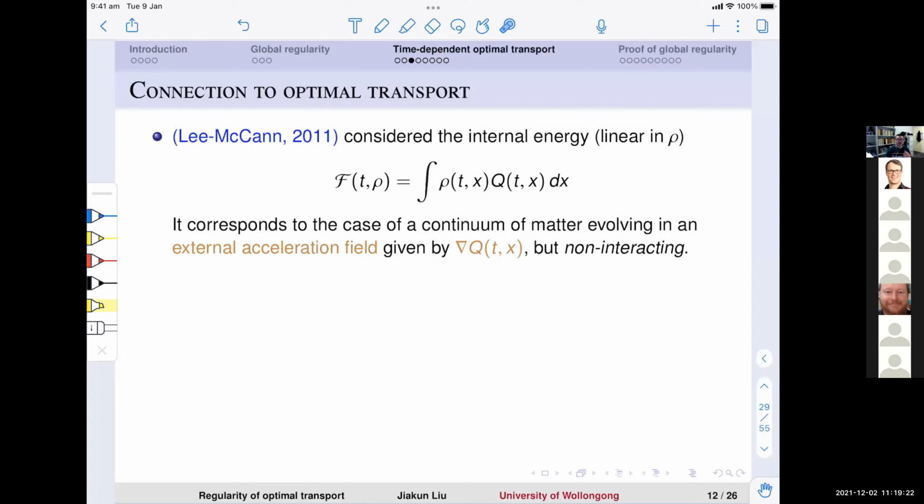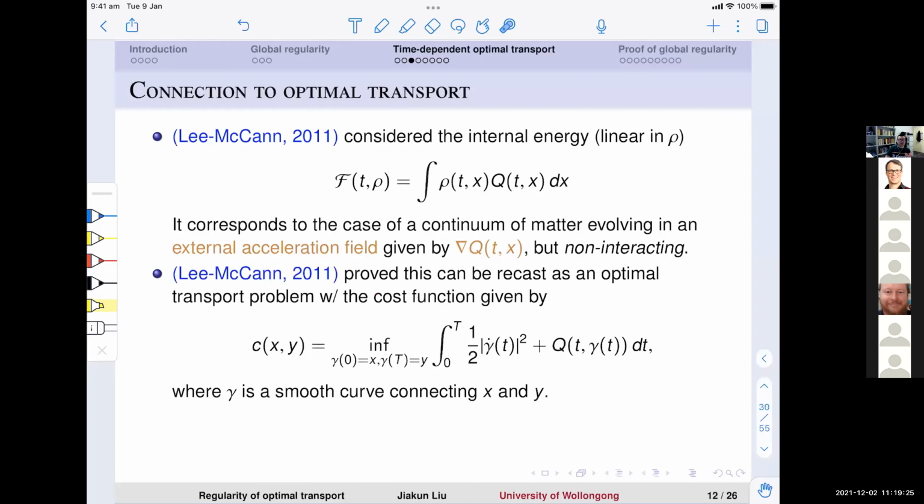It's evolving according to an external acceleration, which is given by the gradient of q. So in that case, Paul Lee and Robert McCann were able to formulate this problem as optimal transport, where the cost function is given by c(x,y). Let me draw a picture. Imagine you are moving from a position x to a position y. You have to pass along a curve, the path, called gamma.